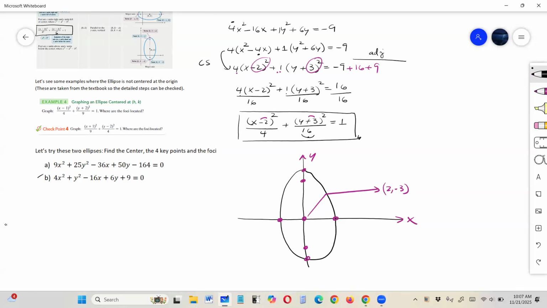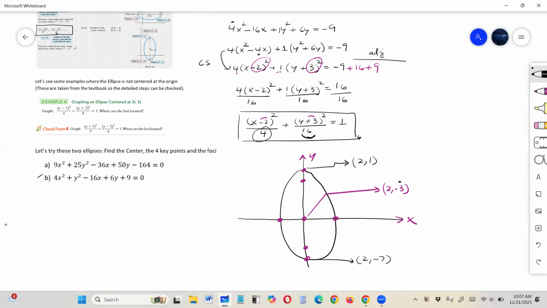Now, we find the main vertices first, which is 4 units up and down from -3. I'm on the y coordinate, so I'm going up and down, so it's only affecting the y coordinate. So this location would be 2 comma -3 plus the square root of 16, 4, right? So 4 minus 3, 1. And this location would be 2, -3 minus 4, right? 4 units down, -7.